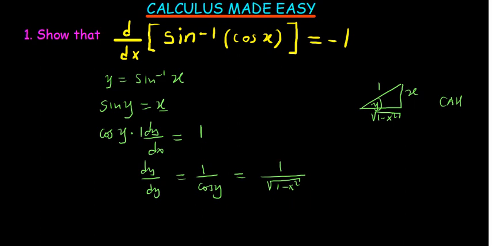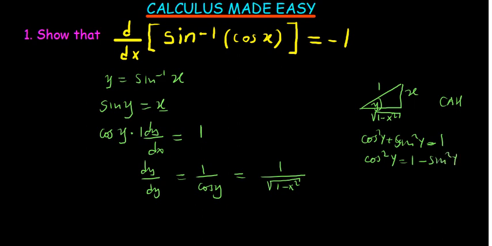Another way we can do it is, we know that cosine squared y plus sine squared of y is equal to 1. I'll take the sine squared the other side. So that is going to give us what? Cosine squared of y being equal to 1 minus sine squared of y.